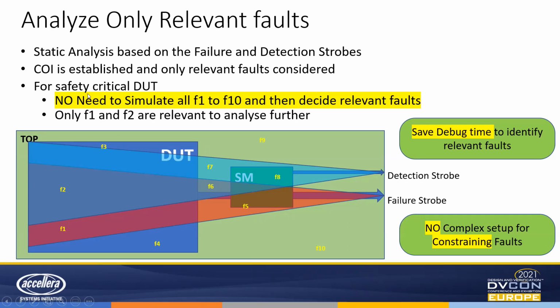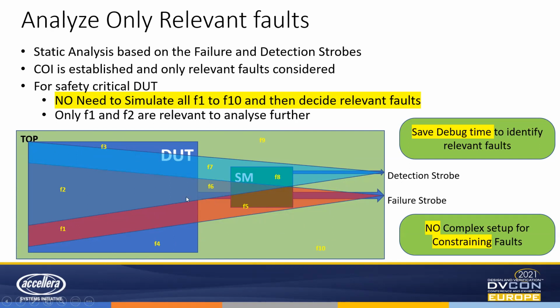For a safety critical DUT, do you want to simulate all of them? For example, here I have a top module, a DUT, and a safety mechanism. There are 10 faults I picked at various parts of the design. DUT is your point of interest for the fault analysis, and by defining detection and failure scopes, do I really need to analyze all of them?